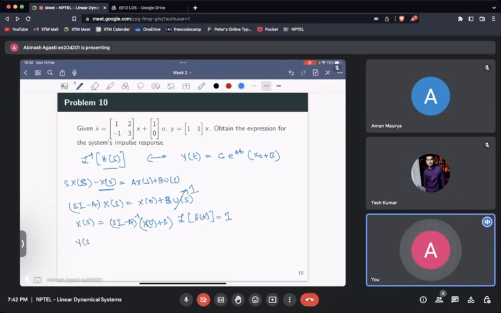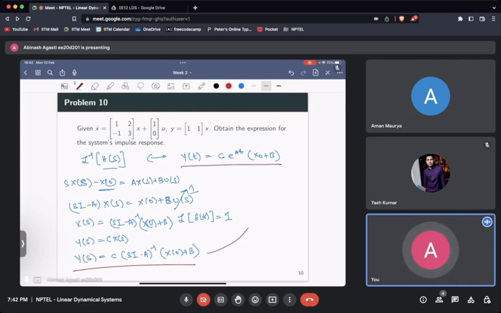Y of s equal to C X of s, so Y of s equal to C (sI minus A) inverse (x naught plus B). So this and this are the exact same thing.